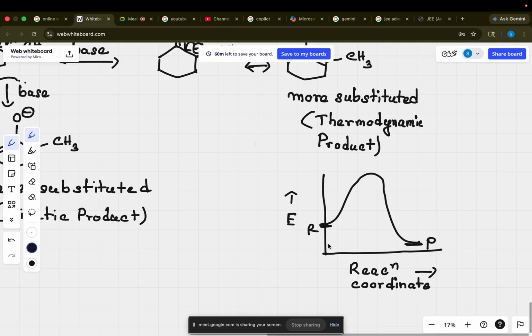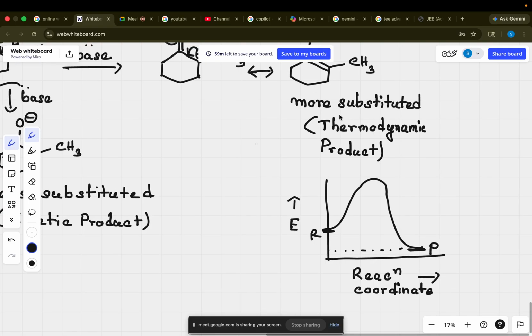If you see the energy value, the product has less energy than your reactant, so less energy means more stable. So you are getting the thermodynamic product. This will be the graph for your thermodynamic product or most substituted product.